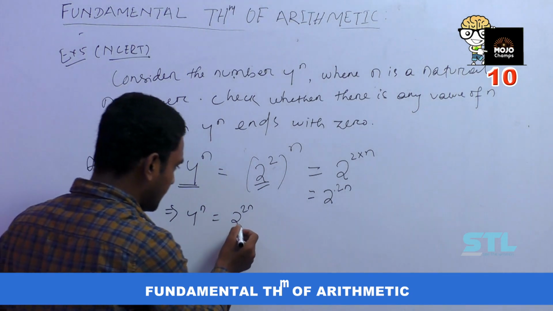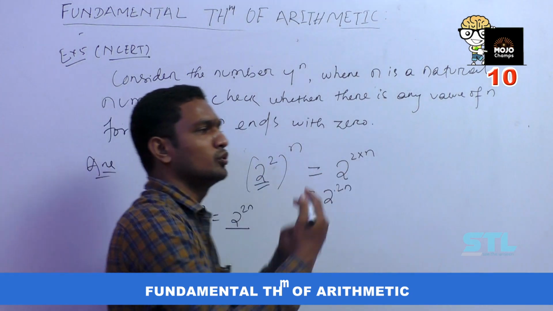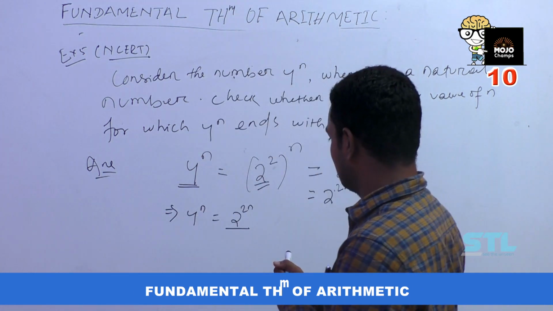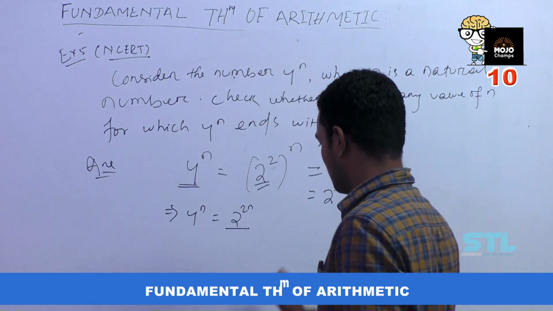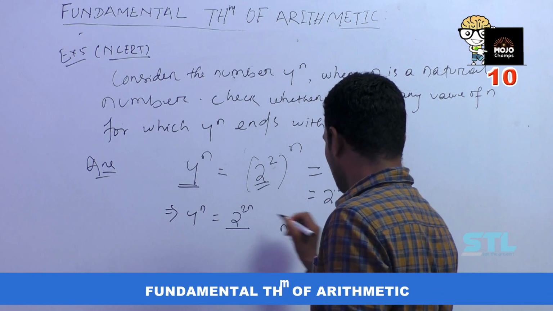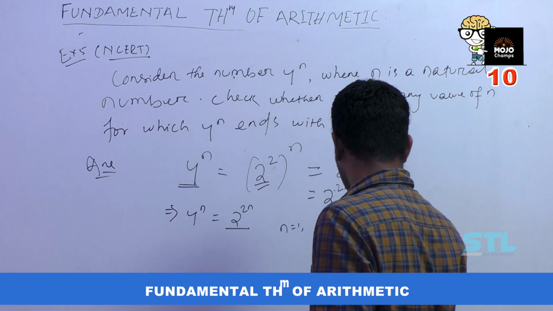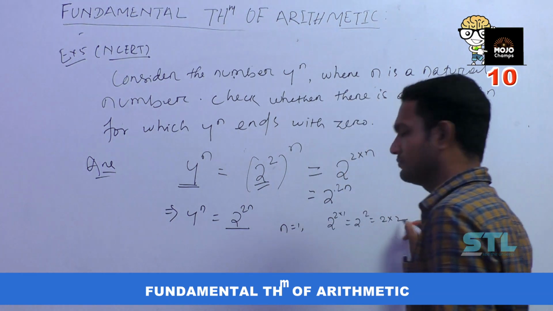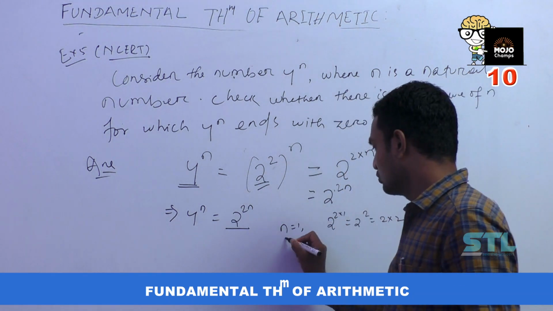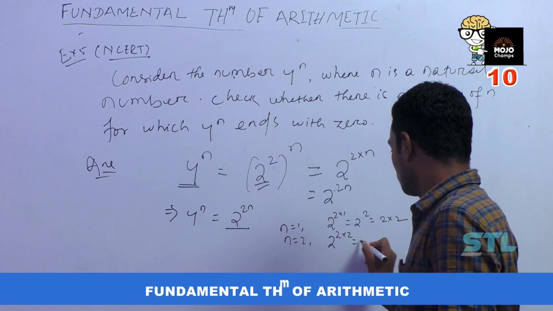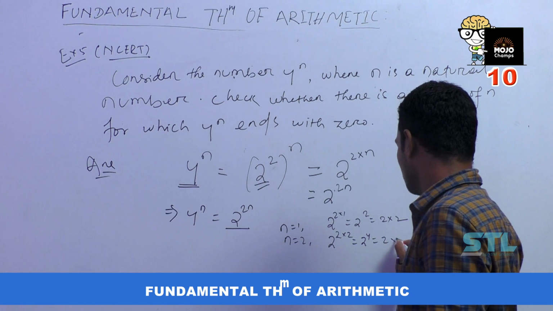Now you see 2 to the power 2n. Take n equal to 1: it will be 2 to the power 2 into 1, that is 2 square, that is 2 into 2. For n equal to 2, that is 2 to the power 2 into 2, that equals 2 to the power 4.